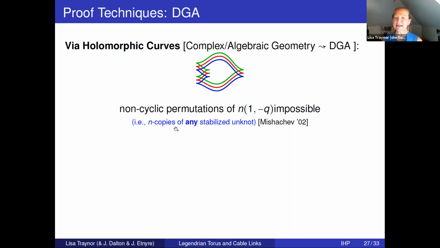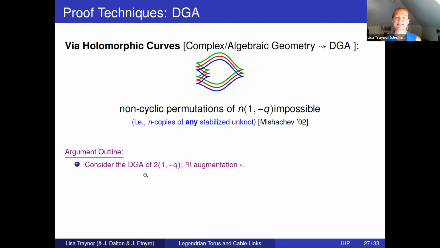It's n copies of any stabilized unknot, you cannot do the permutation. This is Mishachev's idea. Again, this is not the focus of what we did, but here I'll just outline some of the ideas that Mishachev had.